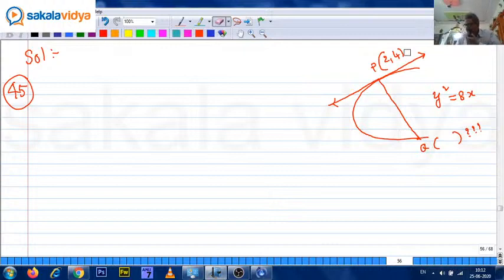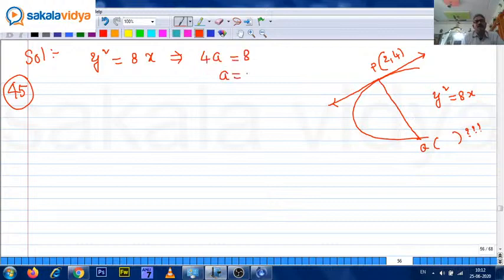So now let us find out. Given y square equals to 8x. That means we have 4a equals to 8, so a is 2. We know the a value.